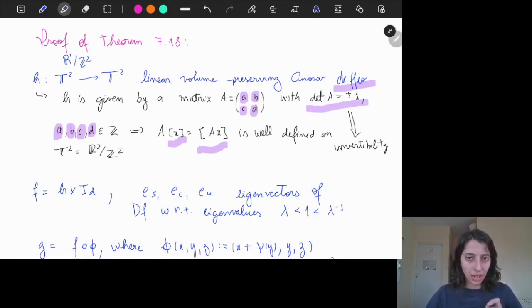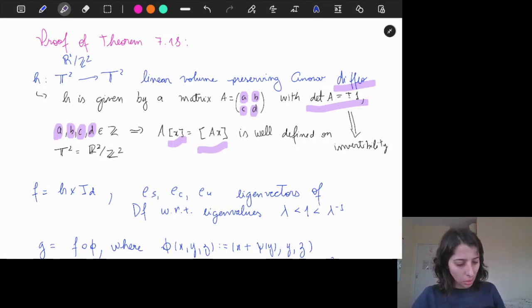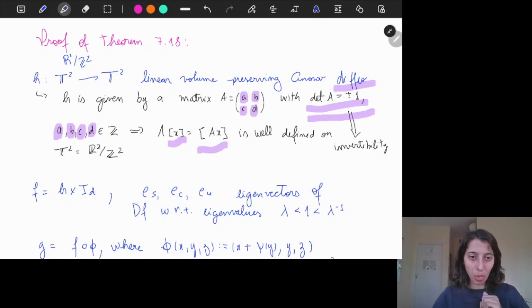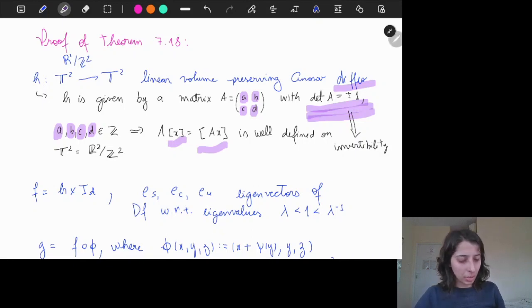Because if it doesn't have absolute value 1, then it should be an integer number, and then the inverse wouldn't have integer entries. And then the inverse will not be well defined. So this condition is for the inverse to be well defined on the torus, because the matrix can be invertible on R2 but not invertible on the torus if this determinant isn't 1 or minus 1.